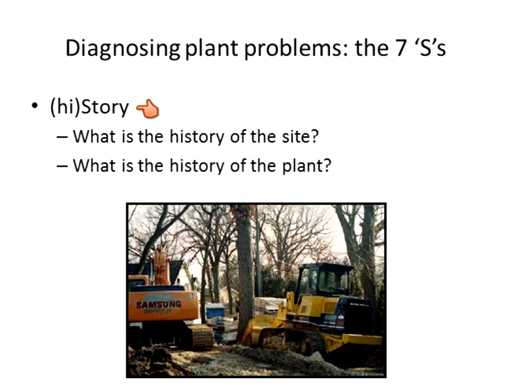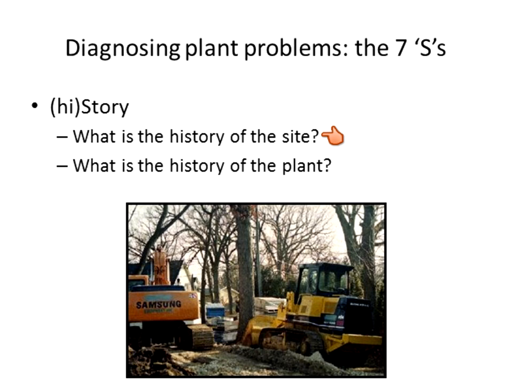The last part, the story or the history, is probably one of the most important, if not one of the most difficult, bits of information to get from a client. Here we want to know the history of the site. What do they do in that location? Has there been construction, has there been an addition of soil? What do they do to manage the garden?